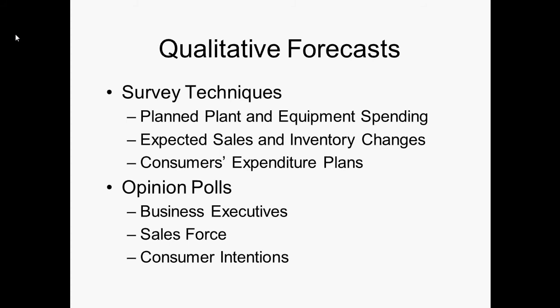You can do opinion polls. You could poll business executives, but business executives very often get it wrong. I mean, they might be experts in some sense, but they're certainly prone to being over-enthusiastic, and they may also not necessarily want to divulge all the information that you want to know. You could poll your firm's sales force, but they may also have their own biases, and at the end of the day, they don't have a crystal ball.